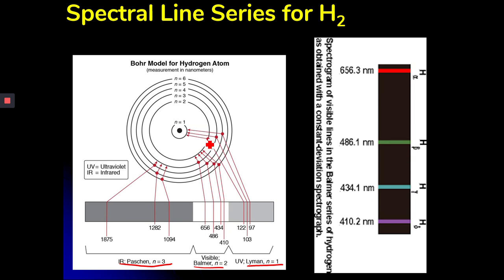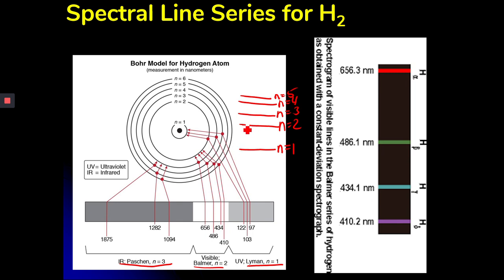Now, a lot of times we don't draw circles in DP. Instead, we draw lines. So what you might see is a series of lines like this, and then it asks you to draw a Lyman series.